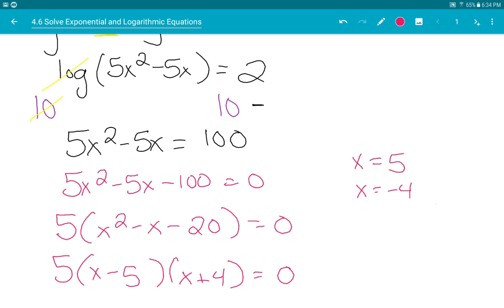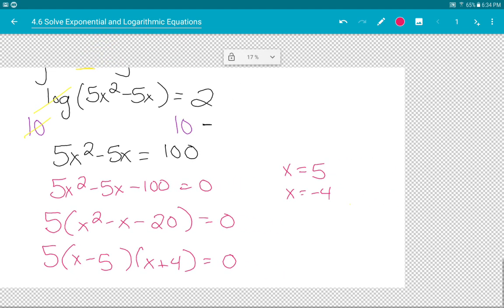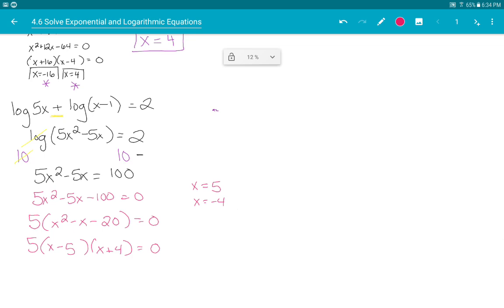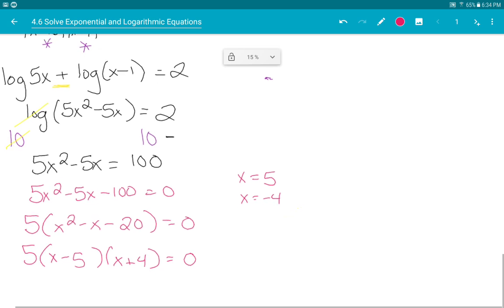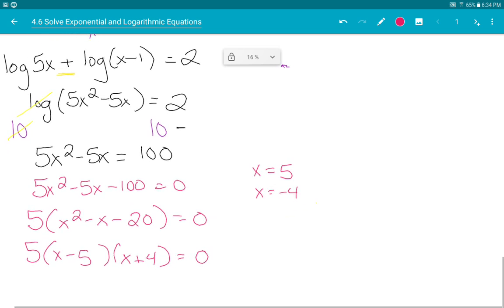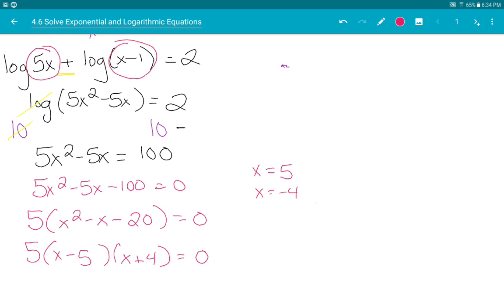Now we have to identify if any of these are going to be extraneous. So let's look back at our original problem. Is negative 4 or 5 going to produce a negative logarithm input value? Again, we want to look here and we want to look here. Is 5 or negative 4 going to make any of these negative? Yep, that's right.